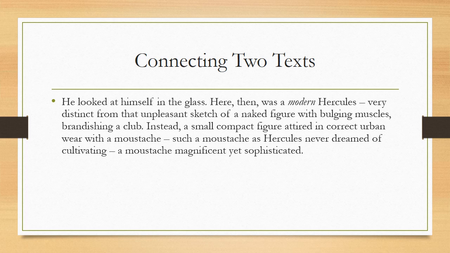Here then was a modern Hercules, very distinct from that unpleasant sketch of a naked figure with bulging muscles brandishing a club. Instead, a small, compact figure, attired in correct urban wear with a mustache, such a mustache as Hercules never dreamed of cultivating, a mustache magnificent, yet sophisticated.